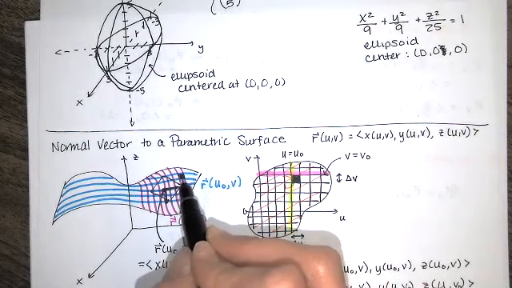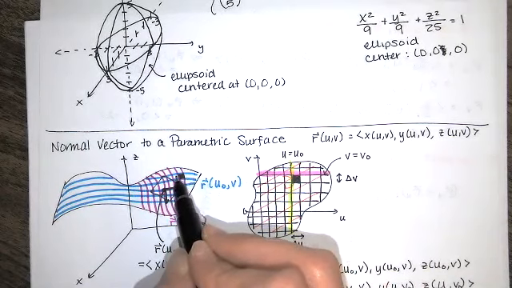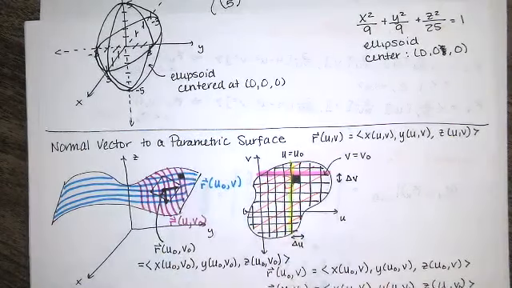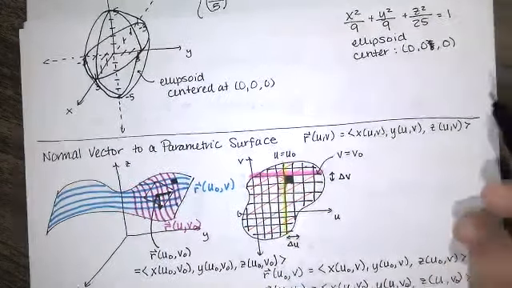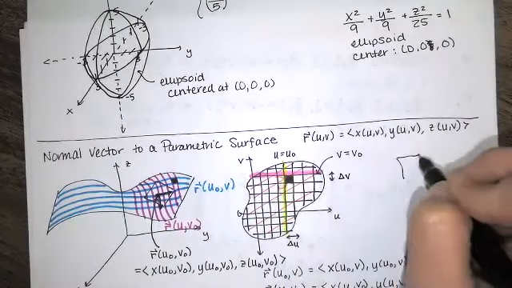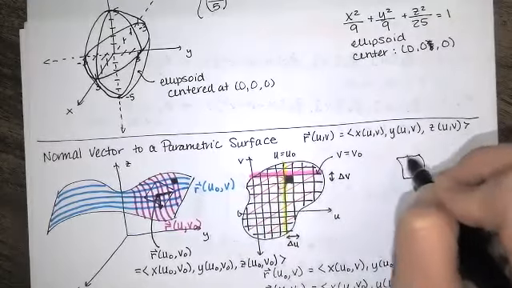Then the area of that little piece is approximately the area of the parallelogram that has those two partial derivatives as sides. So I've got this little parallelogram, and this part of the surface like this.